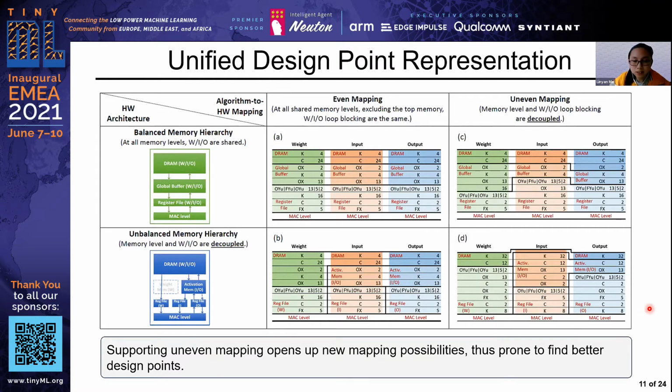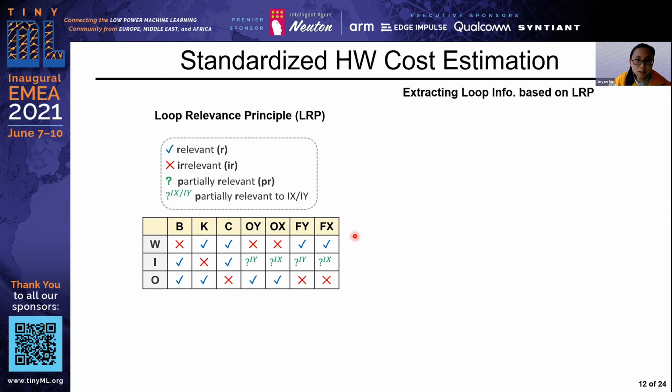So now our question is, given such a representation, how do we estimate the hardware cost in a very standardized way? We estimate the hardware cost based on the loop relevance principle, which I presented in the first slide.